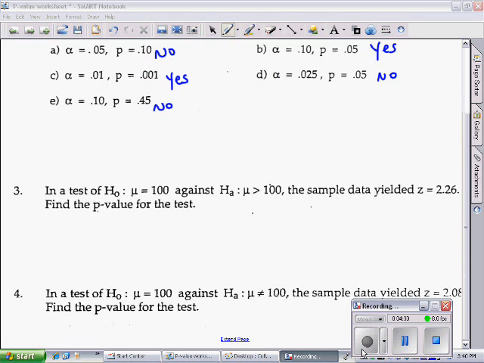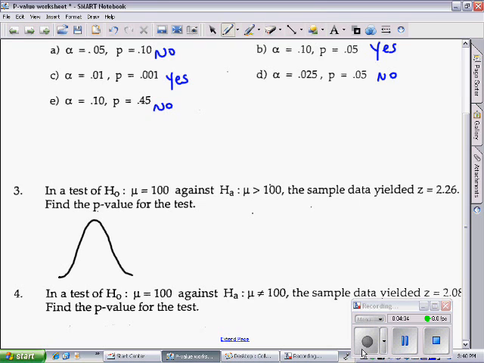Continuing with number 3, it says in a test of H0 where mu equals 100, so here's 100, and the alternative is a one-sided greater than test, we came up with a z test statistic of 2.26. That means in terms of z, this is 2.26.